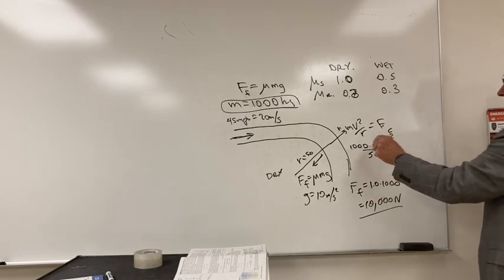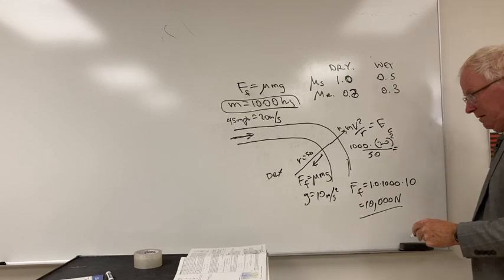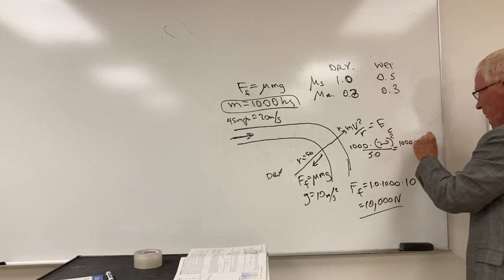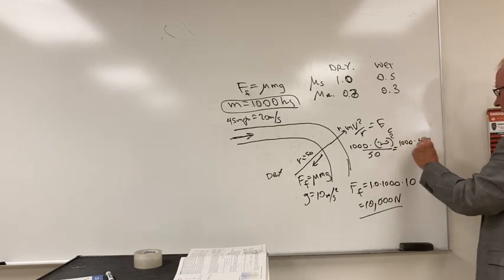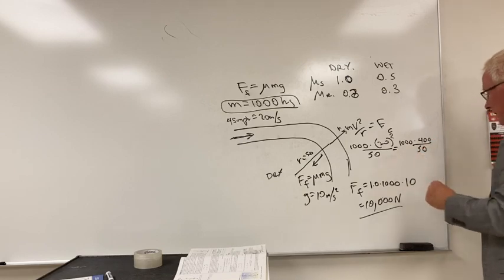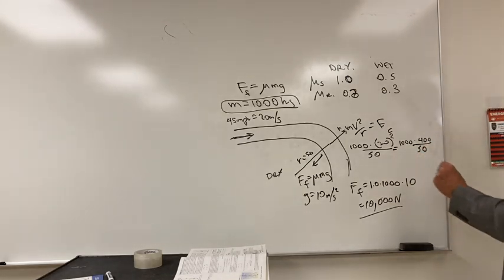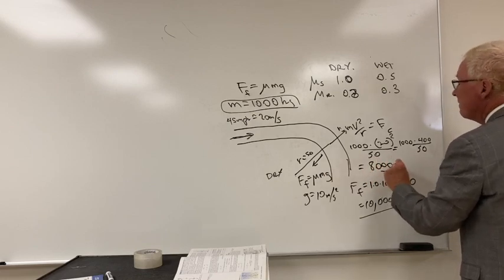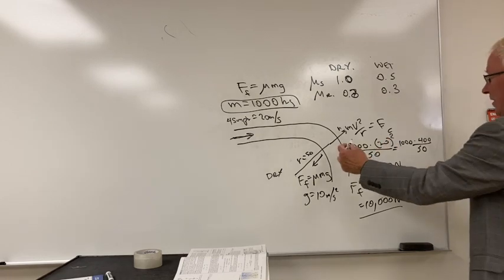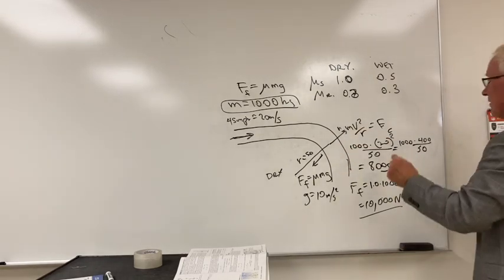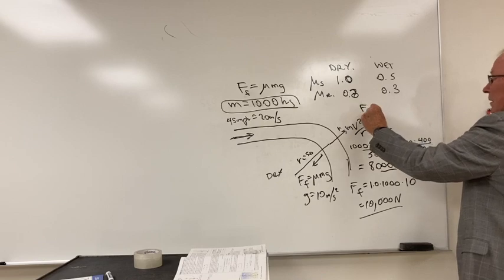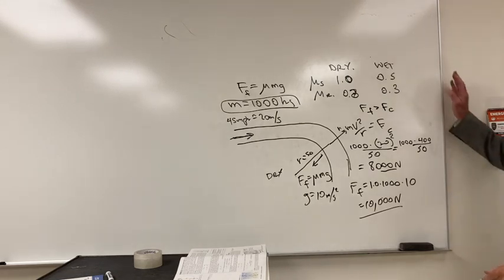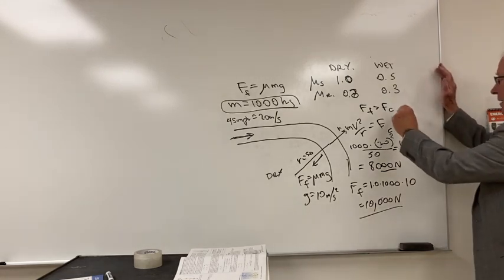This will be 1,000 times 400 over 50, which is 8,000 newtons. And because this is less than that, as long as the frictional force is greater than the centripetal force, the car will stay on the road, right?